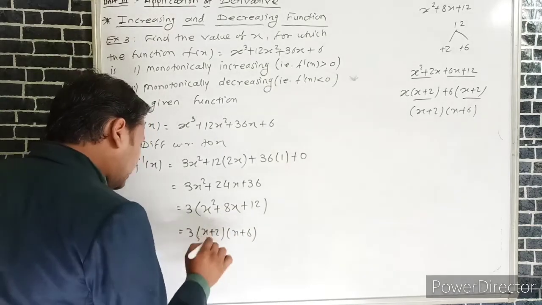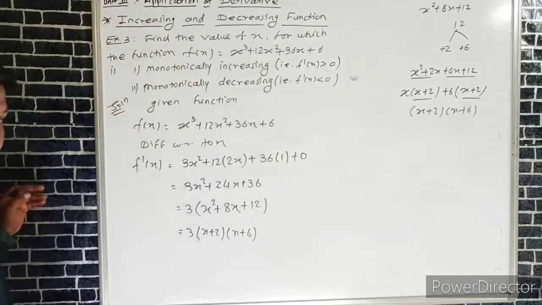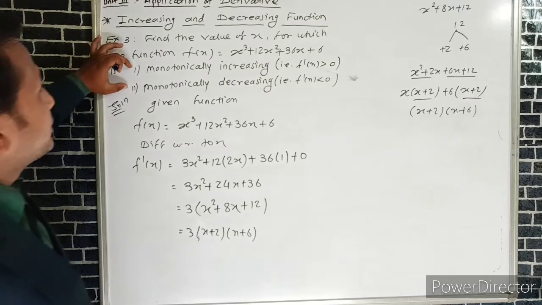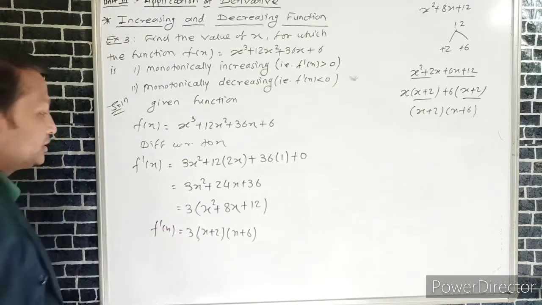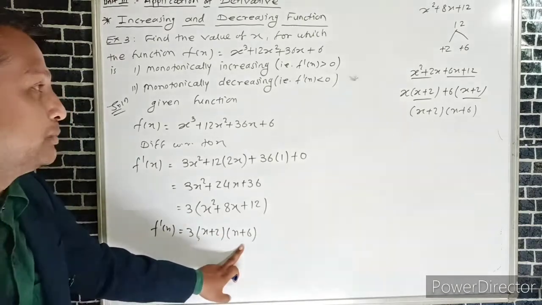So here we have to find the value of x using both conditions. The value of f dash of x is 3 into x plus 2 into x plus 6.